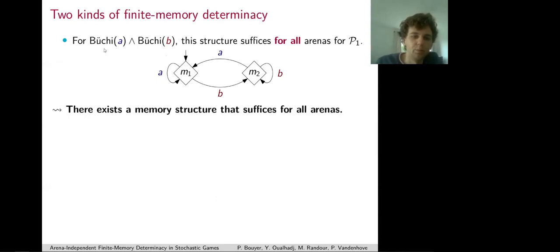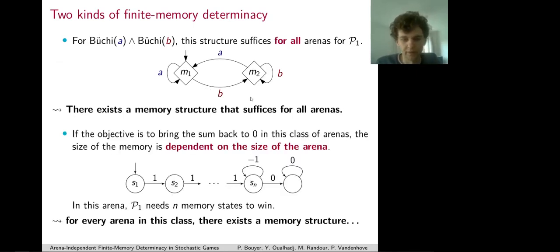In the Büchi A and Büchi B example, the memory structure I've shown remembers the last color that has been seen, between A or B. It was sufficient for the small arena that I've shown, but it's actually sufficient to play optimally for all arenas for player 1. And so for this particular objective, Büchi A and Büchi B, we can state a strong property, which is that there exists a single memory structure, this one, that suffices to play optimally in all arenas.